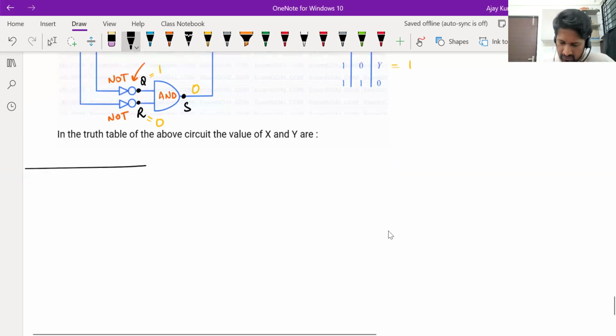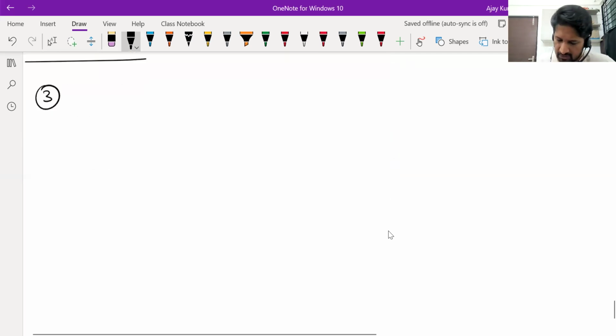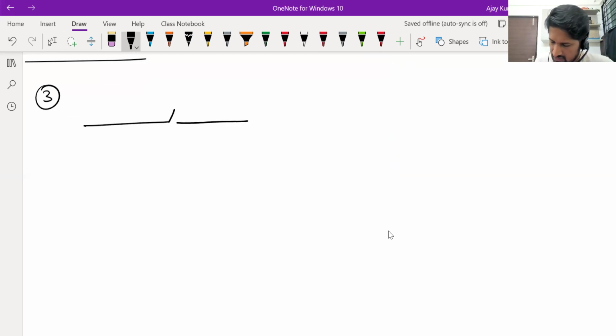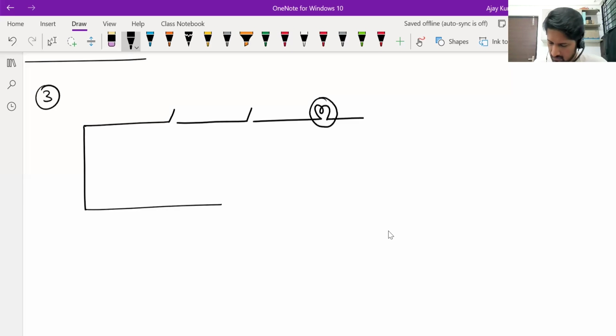Sometimes you can be given questions like this also. Consider a simple circuit with two switches in it. Battery, bulb, and two switches.